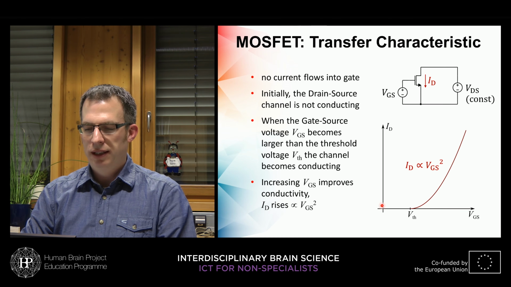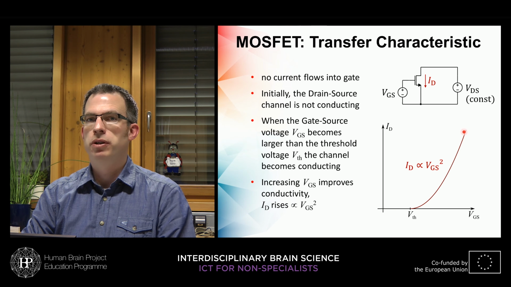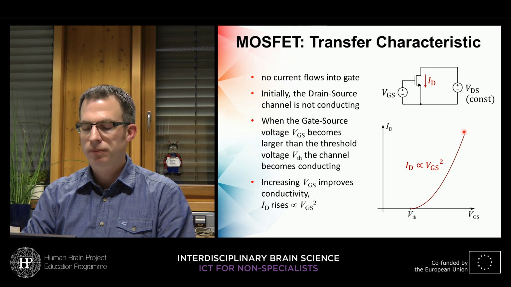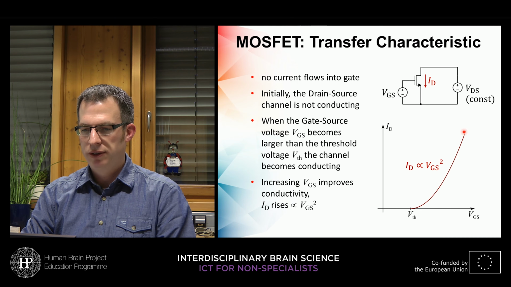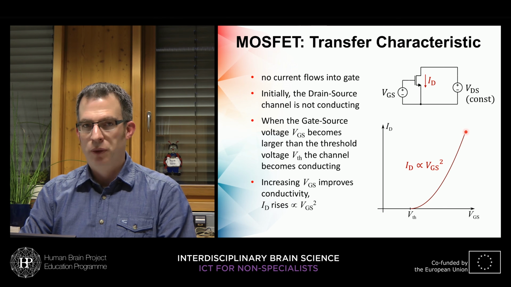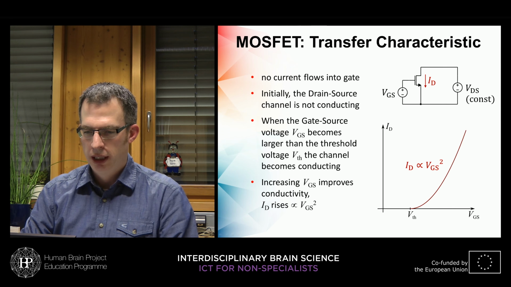And as you can see on this characteristic here, if we have a certain drain to source voltage present and raise our input voltage, so the gate to source voltage, up to a certain threshold voltage, then suddenly a current starts to flow from drain to source, and this has a quadratic dependence on the gate to source voltage.